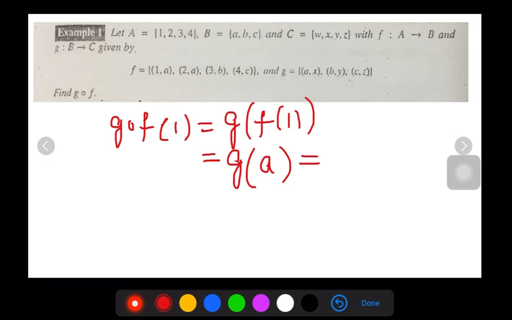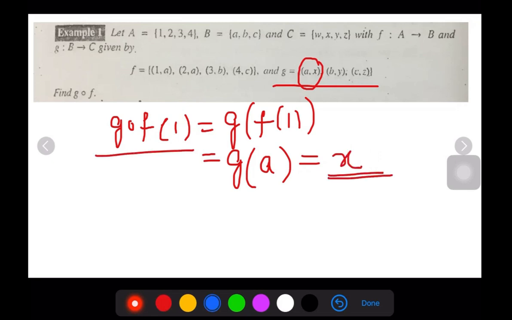And it becomes G of a. In the function G, you need to find the a element pair. What is the a element pair? x. G of a is nothing but x. The answer is x.